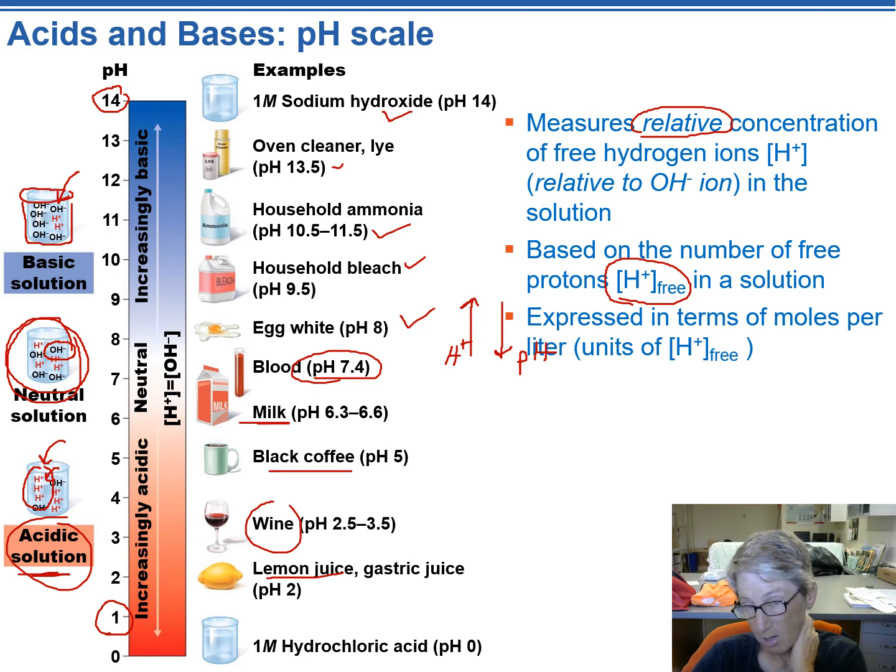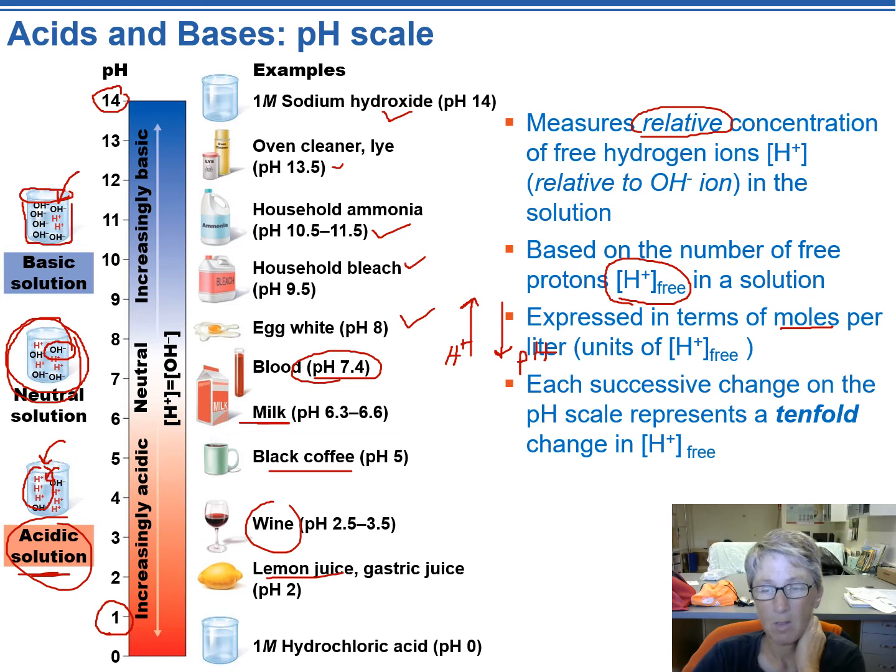Free hydrogen ion is expressed in moles per liter, or molarity. We won't get into that too much. Each successive change on the pH scale, that means 1, what succeeds 1? 2. What succeeds 2? 3.